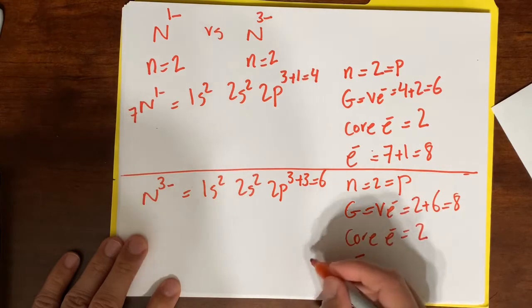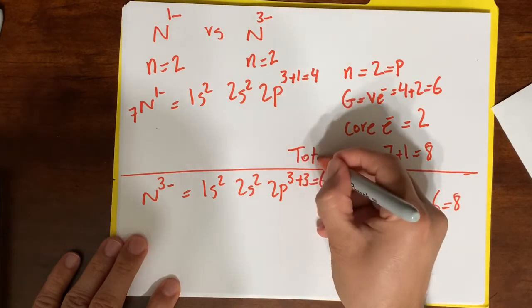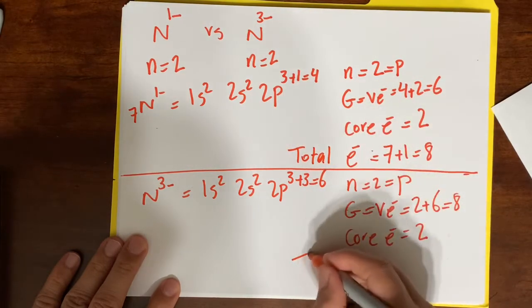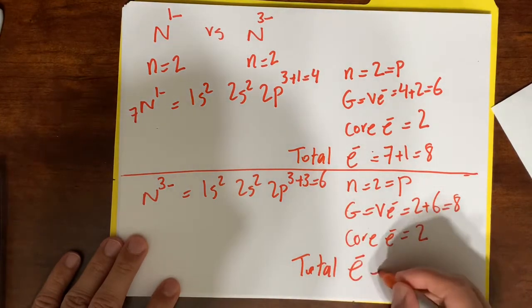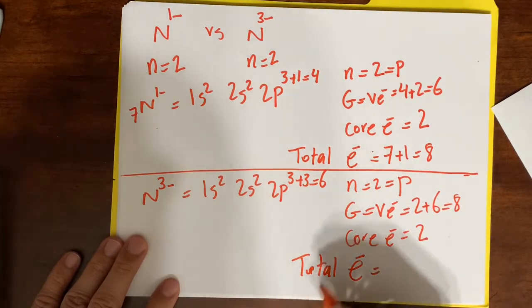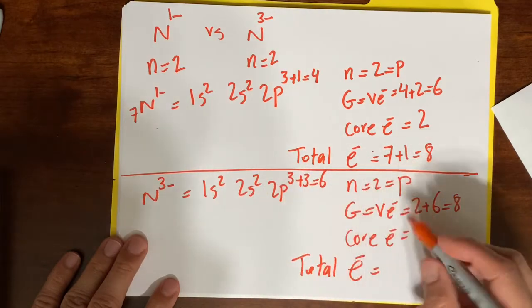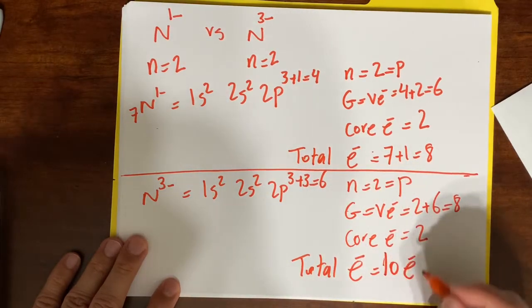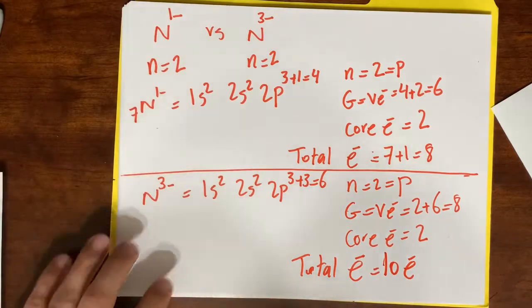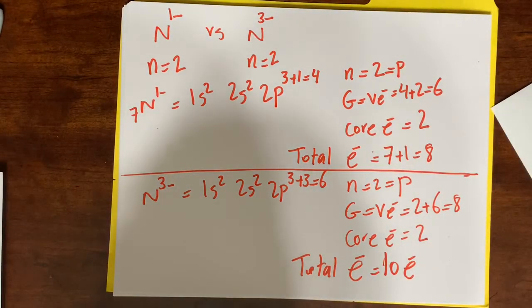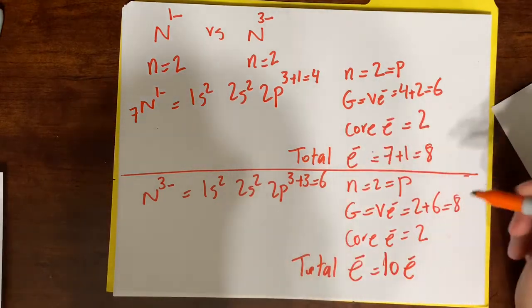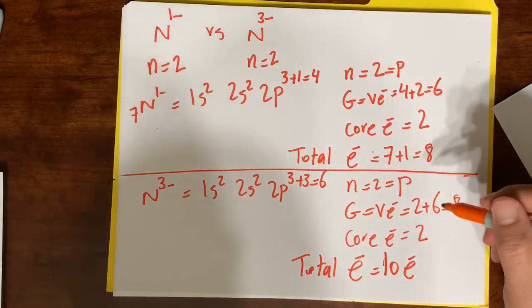Total electrons equal to 10. I think I made a mistake. Yeah, no, that one is 8, correct. This one is 10.